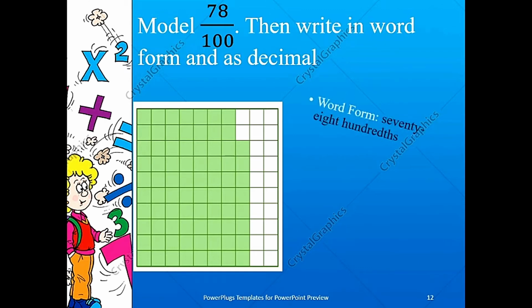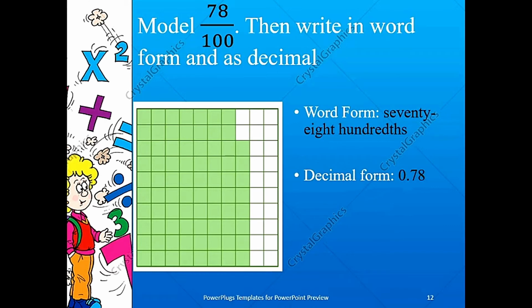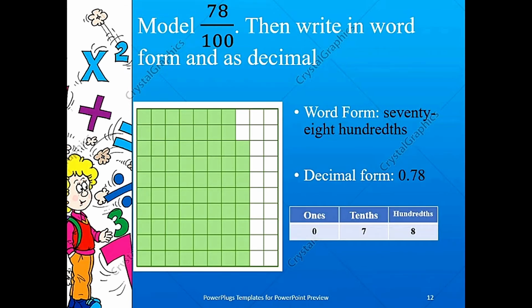The word form is 78 hundredths. In decimal, it is 0.78. Again, to check our decimal form, if you have your calculator with you, just try 78 divided by 100 and the answer is 0.78. In the decimal place value chart, our ones is 0, followed by the decimal point, tenths 7, and our hundredths place is 8.